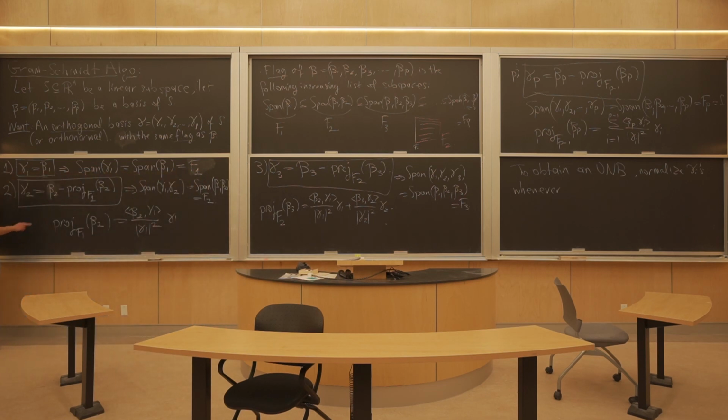But typically, if you want to end up with an orthonormal basis at the end, because at every next step you're going to have to normalize by this, you might as well just normalize, for instance, gamma 1 at the end of this stage before going to step 2, because then this is going to get simplified and so on. So it's up to you.